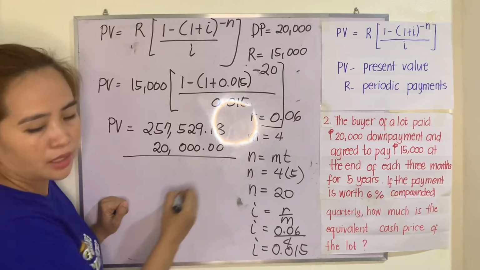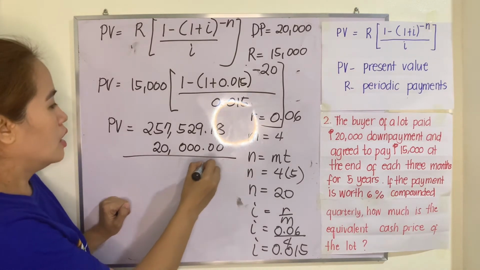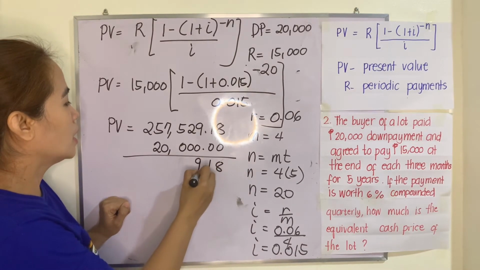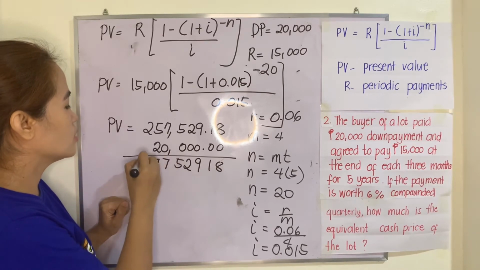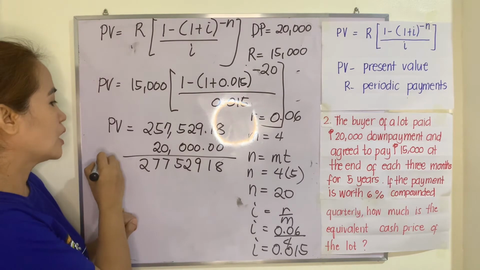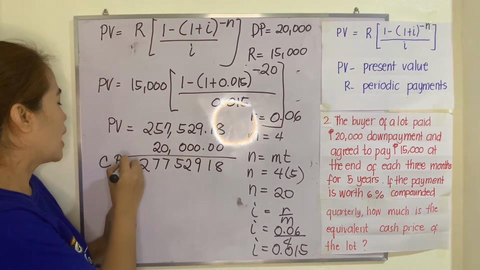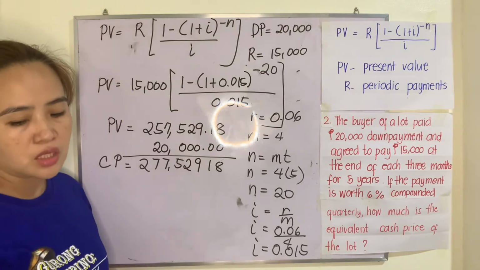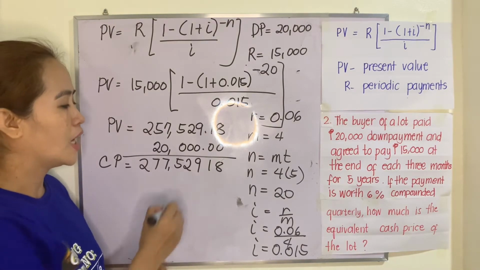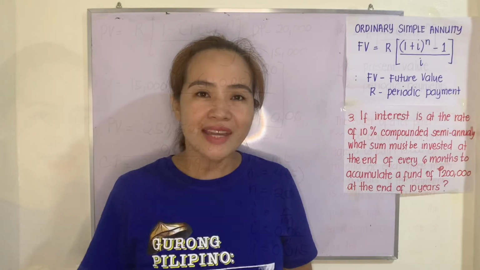So you will be getting there 277,529.18. So this is the total cash price of the lot.